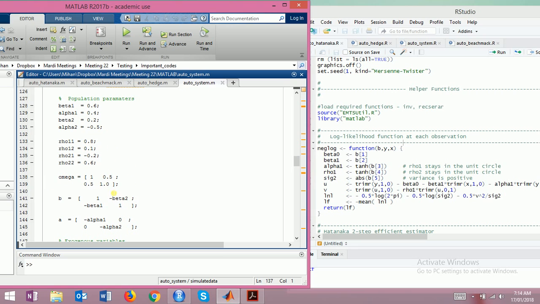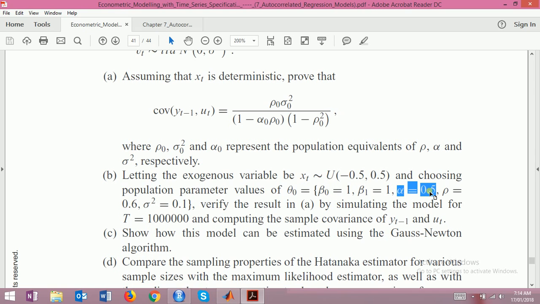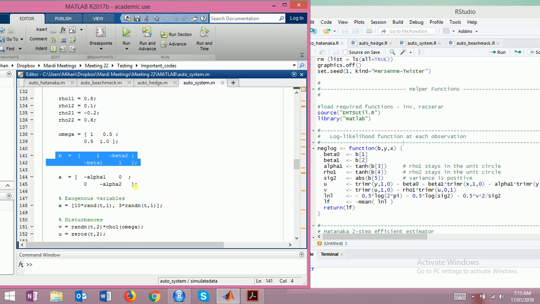Which is 1, 0.5, 0.5, 1, because alpha is 0.5 and variance 0.5. So omega is 1, 0.5, 0.5, 1. With 1, minus beta 2, minus beta 1, 1, minus alpha, 0, 1, 0, minus alpha 2, non-diagonal and diagonal.